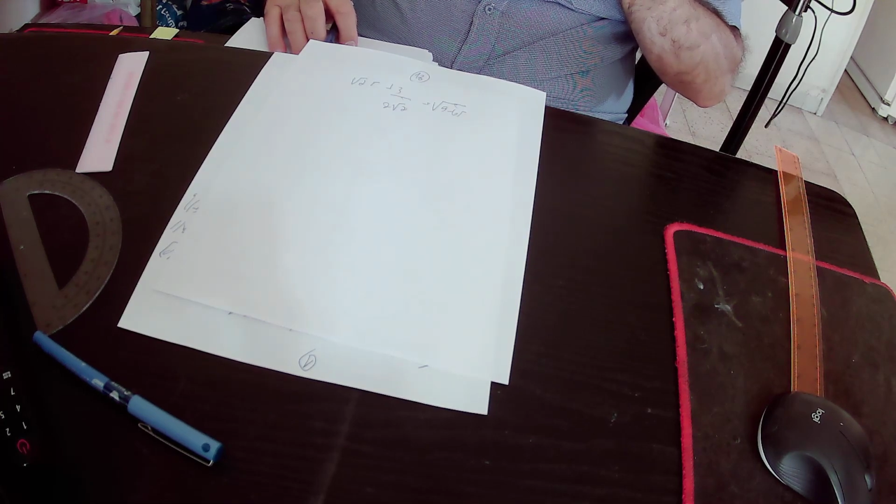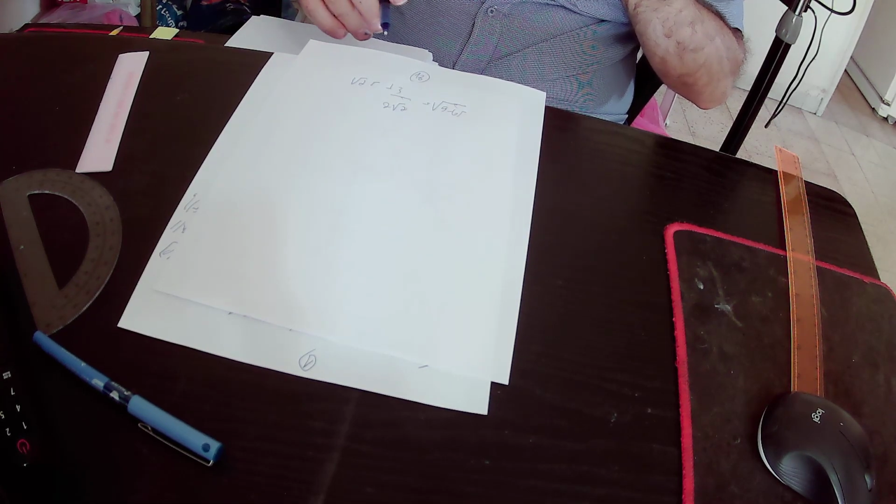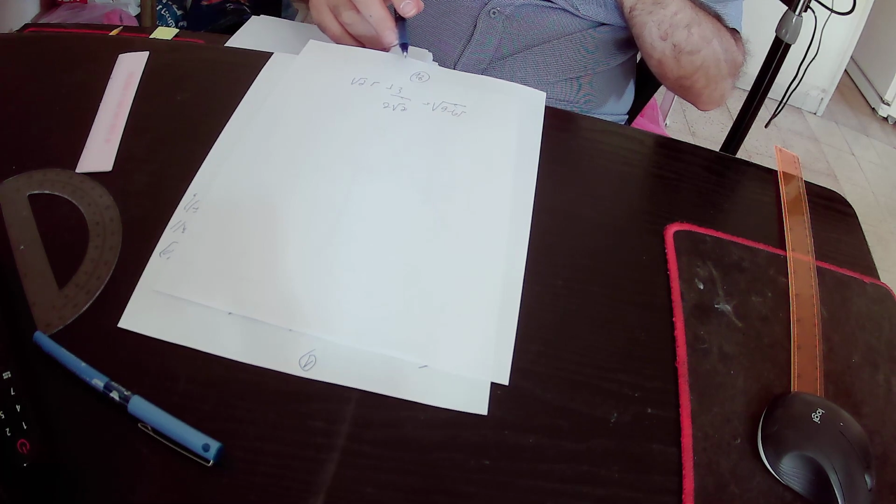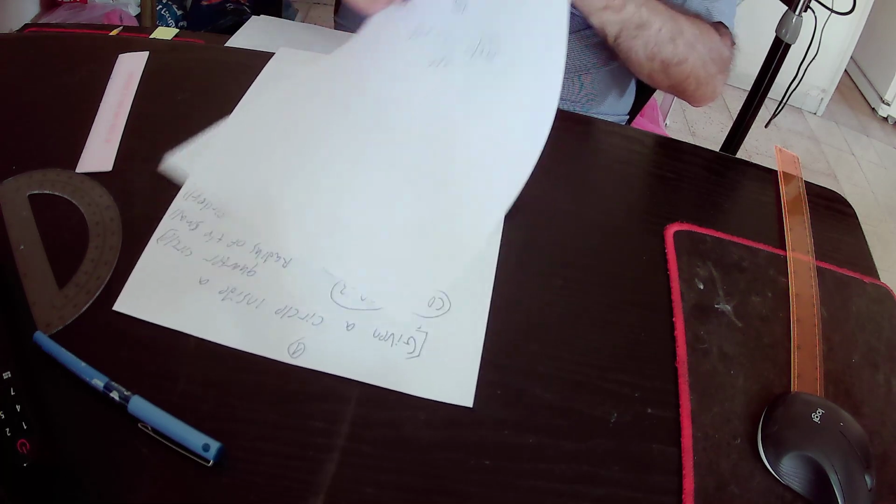Here we will multiply this expression by 2 times root 2, and then divide by 2 times root 2, in order to have a common factor with this expression.